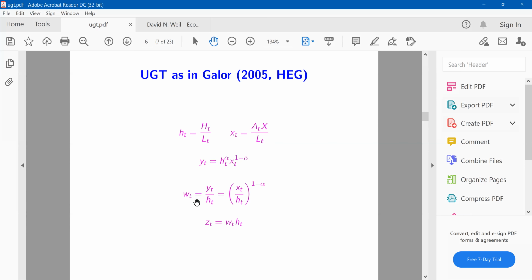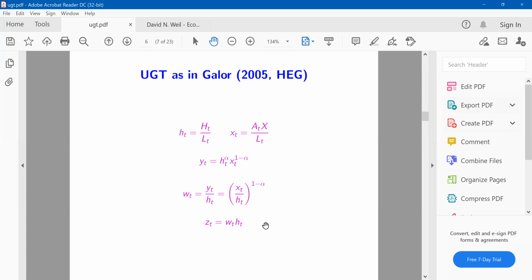For wage, we give the average product per effective skills, right? Per effective labor. So there is, of course, that type of diminishing return argument, right? So real wage is decreasing in the supply.